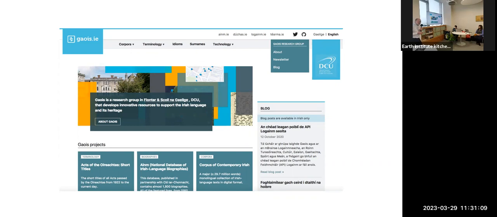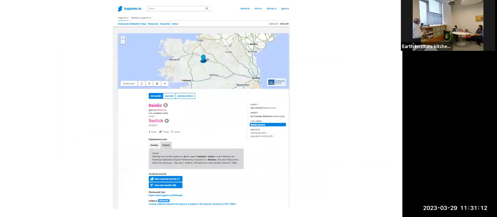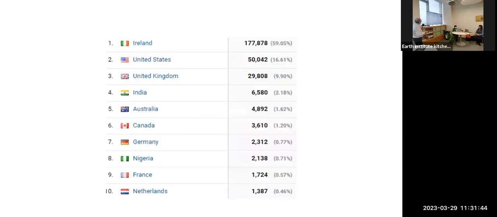So they have a lot of technical and internet skills that we don't have in the folklore collection. So really we curate the content and they host it on the site. We have regular monthly meetings on technical and editorial issues. And if you go on to logainm.ie, if you go to the bottom of the page, you sometimes find links to folklore that can be found on the sister site, which is duchas.ie. So they're interoperable, basically, those sites.